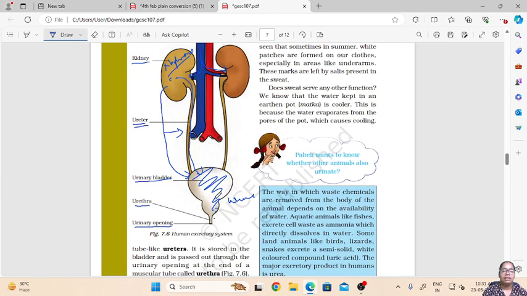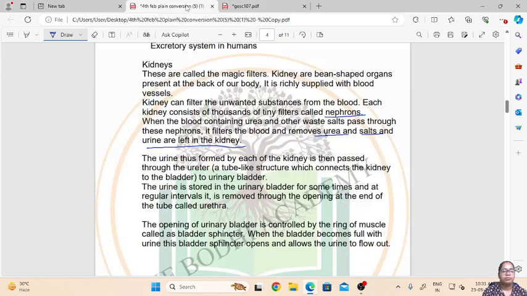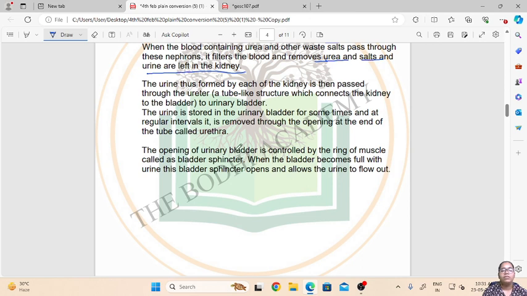bladder, where it is stored through what? Through the urethra. And then after the urinary bladder is full with urine, the urine will be passed at regular intervals through the urinary opening called the urethra. Okay, so this is how the excretory system in human beings works. The opening of the urinary bladder is controlled by rings of muscles called bladder sphincters.